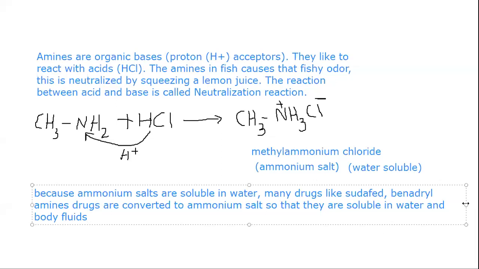They are converted to what? Ammonium salts by using this reaction so that they are soluble in water and body fluids.